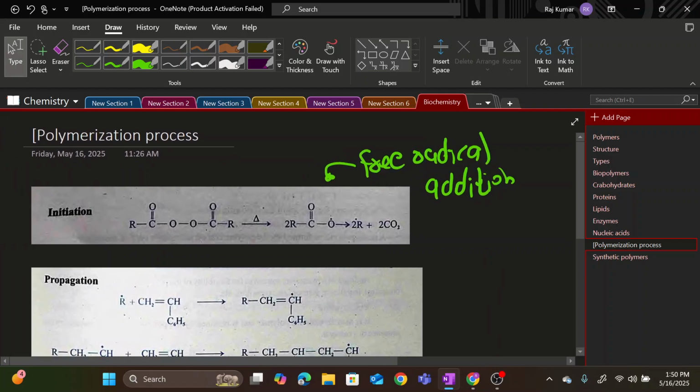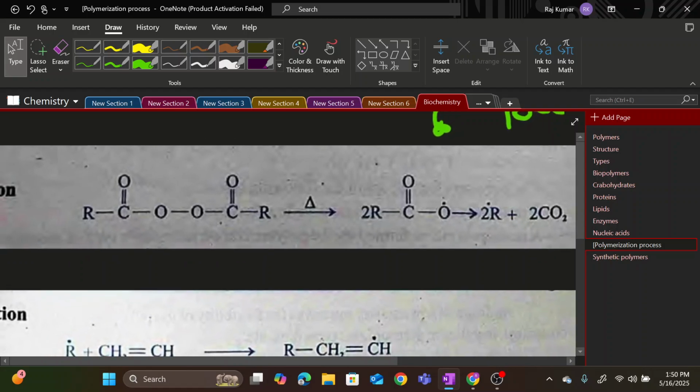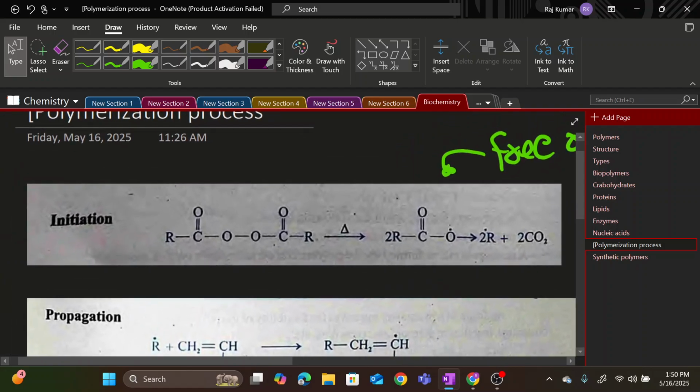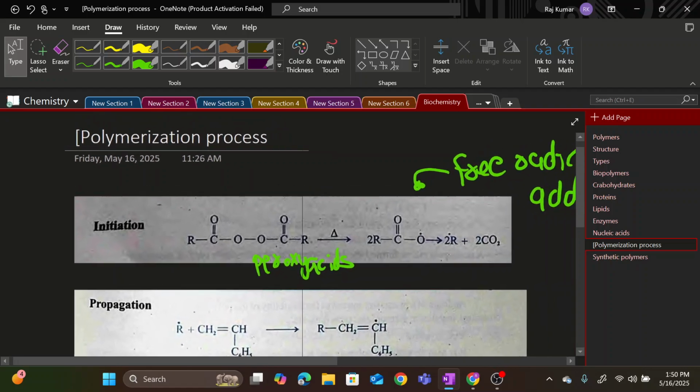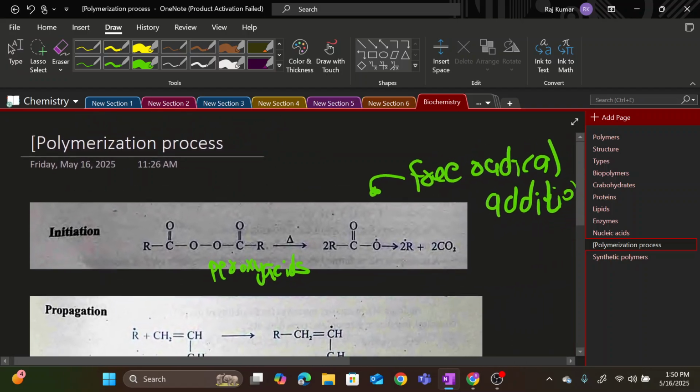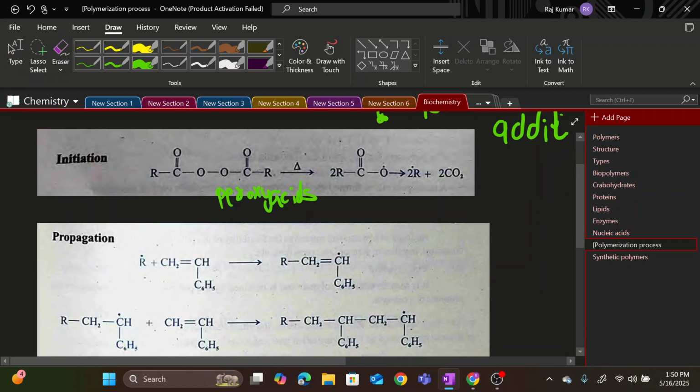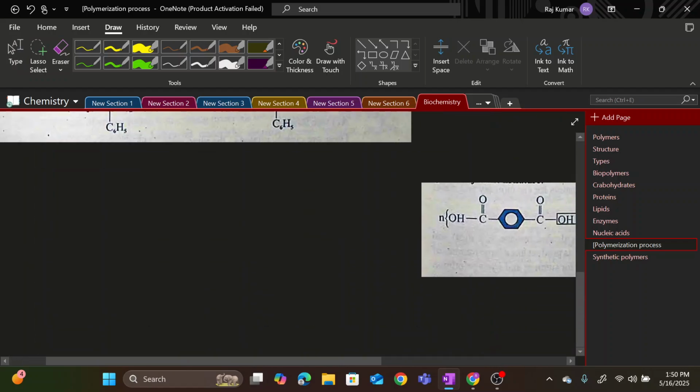What we actually do is provide heat or photochemical radiation to a peroxy acid, due to which it generates free radicals, and those free radicals then go through the process of propagation. There are again three steps: initiation, propagation, and termination, through which the entire procedure happens.